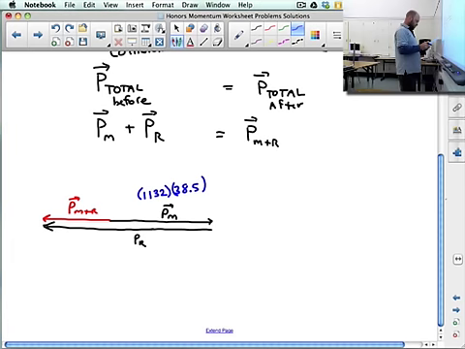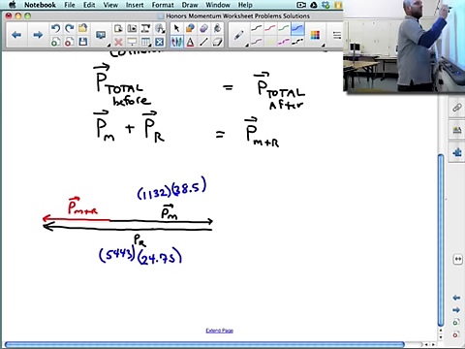The Ram is moving to the left at 24.75 meters a second. I'm going to leave out units to simplify our life. Okay. And the mass is 5443. And together, the total mass is going to be 1132.